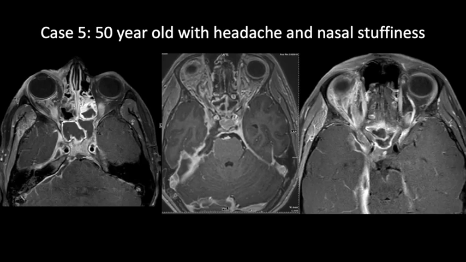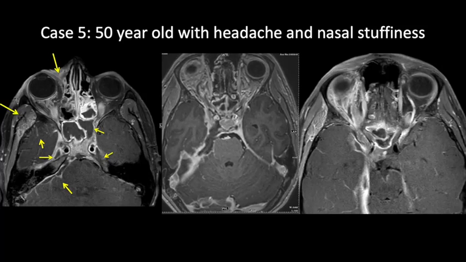Next, we'll look at a case who presented with headache and nasal stuffiness. So first you can see here that there's ethmoid and sphenoid sinus opacification in keeping with sinusitis. Again, we have bilateral cavernous sinus filling defects. And additionally here, I hope you can appreciate that there's some right orbital inflammatory tissue as well as right proptosis.